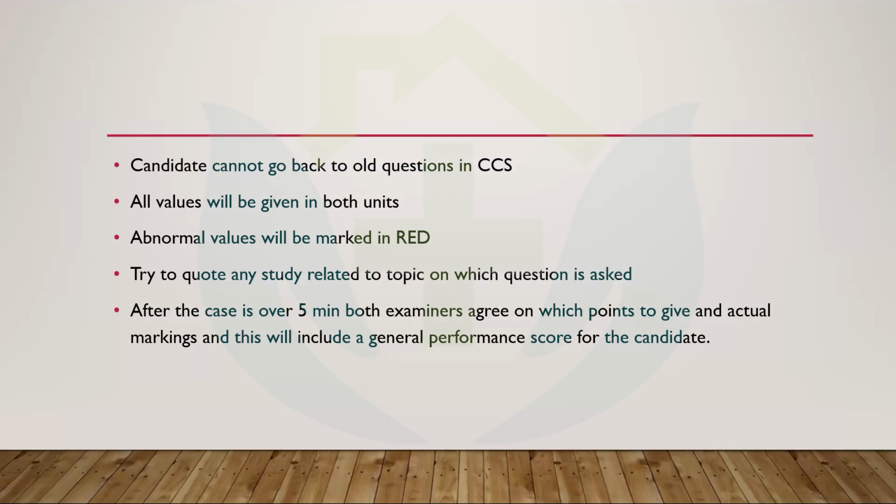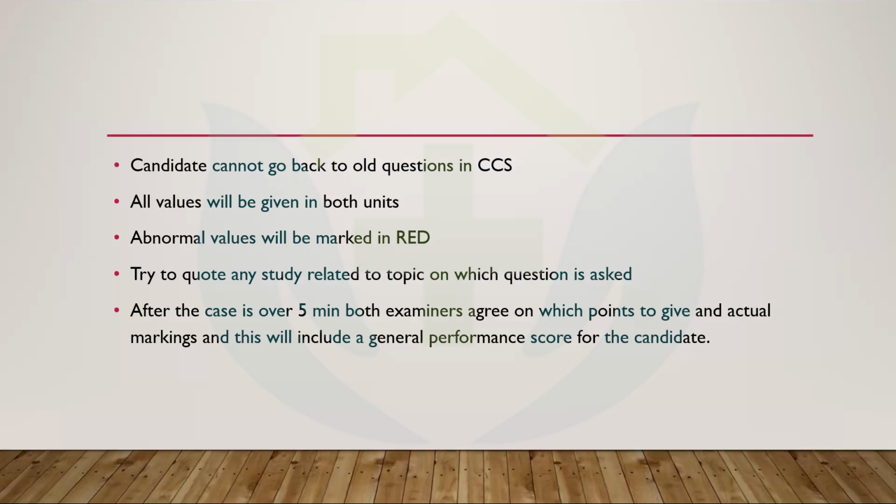Okay. All this I have already told you. I think the last line is important. After the case is over, for 5 minutes, both the examiners agree on which points to give and the actual markings, and this will include a general performance score for the candidate. Most of you don't know, but this is only for the examiners.